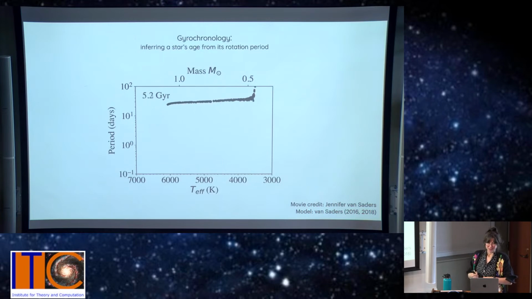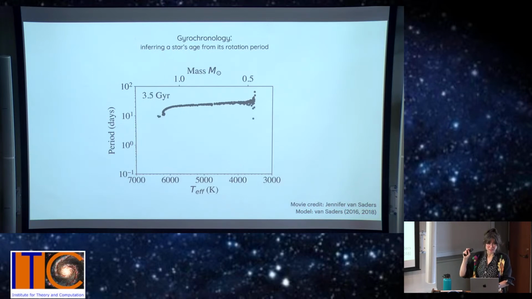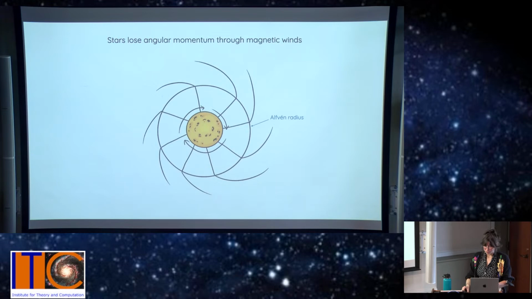What's the physics behind it? Good question. So this spin down is caused by magnetic activity and stellar winds. So stars are losing angular momentum through their magnetized stellar winds. Because stars are magnetized, the stellar wind is actually constrained to co-rotate with the surface of the star out to a distance, the Alfvén radius, which is set by the magnetic activity level of the star.